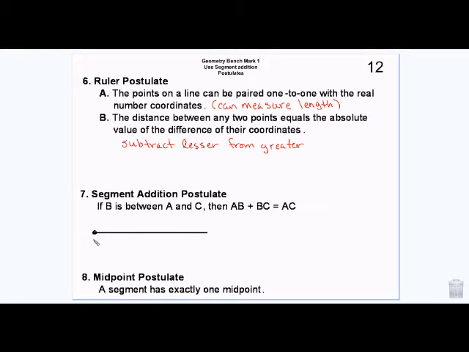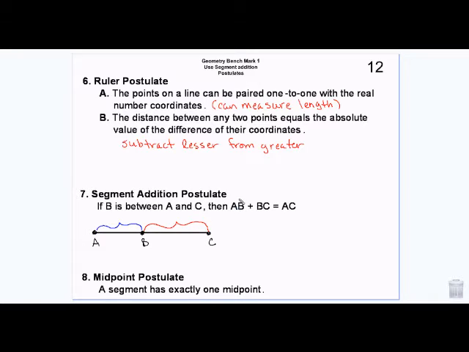And on this end is A, on this end is C, somewhere in the middle-ish between them, doesn't have to be in the middle, is B. So this length and this length add up to make the whole thing.